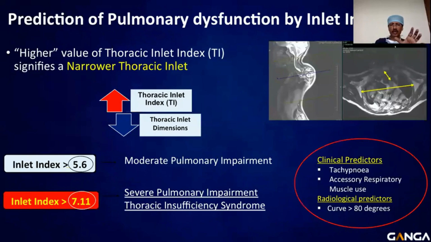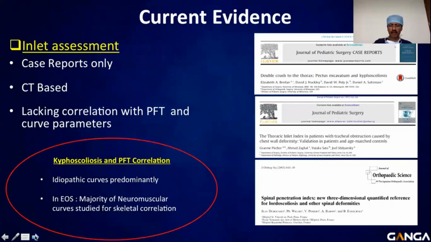So here we had an opportunity that just by doing the MRI, which is normally done as a preoperative assessment, and by calculating the thoracic inlet index, we were able to predict a moderate pulmonary impairment if the index was greater than 5.6, and a severe impairment if the index was 7.1. And it correlated very well with the clinical predictors of tachypnea, accessory respiratory muscle use, and also the radiological parameters. So this index, we found it to be very useful.